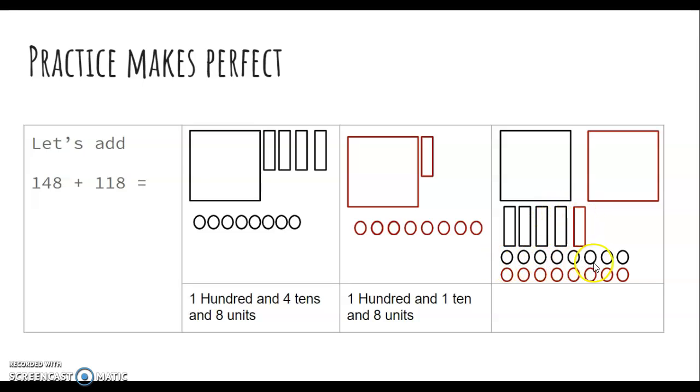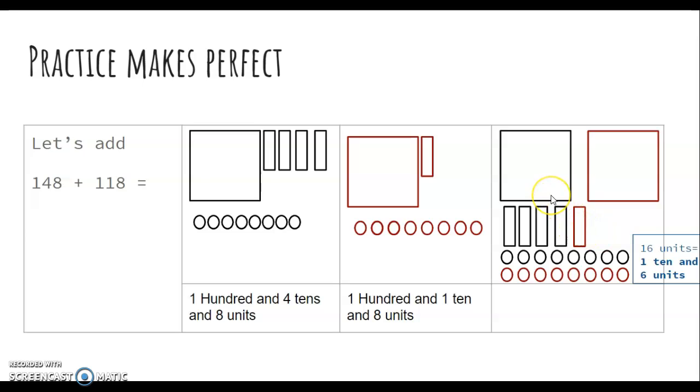and 16 units. Now we know if we have 10 or more units, we can combine those units to make a 10 block. So 16 units is the same as 1 ten and 6 units.